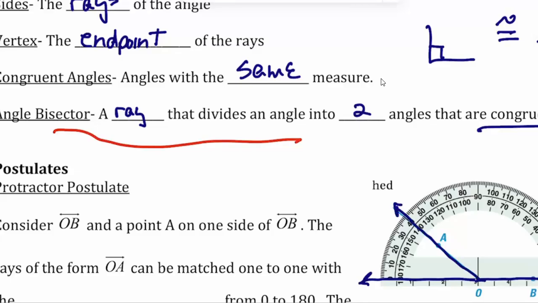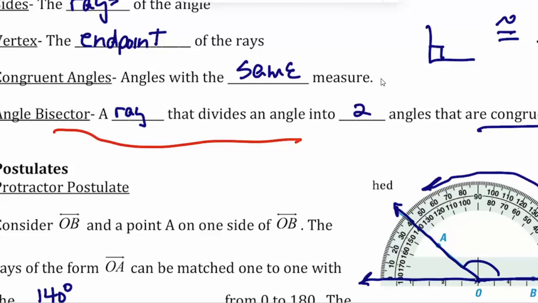That ray can be matched one-to-one with the numbers from 0 to 180. So what they're saying is, let's say I wanted to identify this angle right here. I'm going to start here, so this is my start, and I'm going to open up this way.